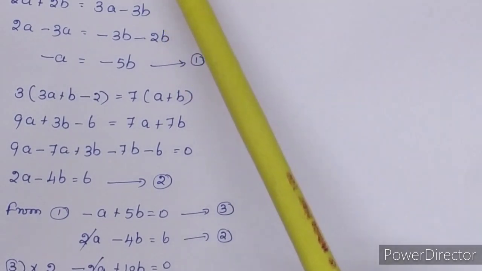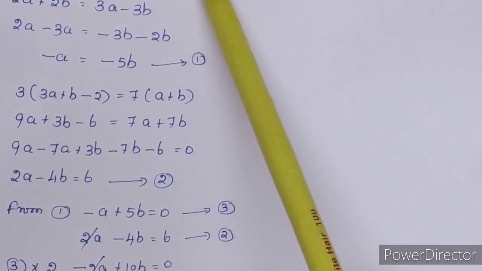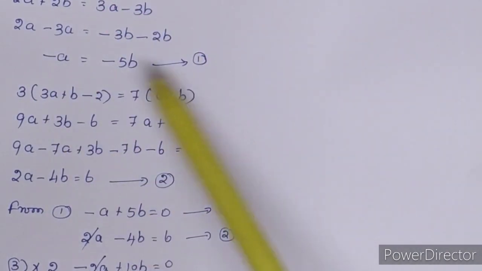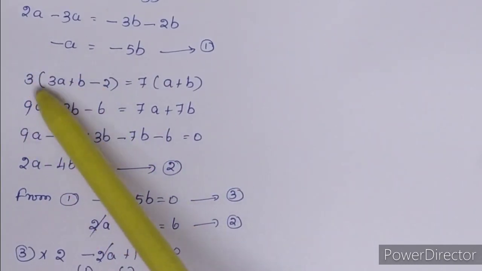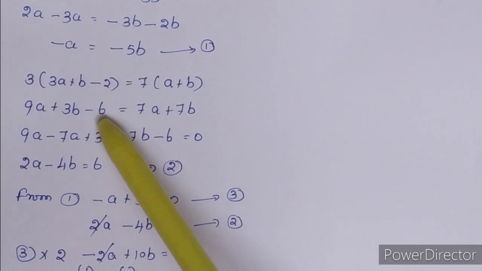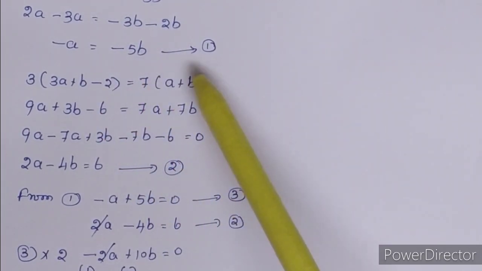Now again cross multiplying these two: 3 into (3a plus b minus 2) is equal to 7 into (a plus b). So solving it further, 3 3s are 9, so 9a plus 3 into b is 3b, 3 into minus 2 is minus 6, which is equal to 7 into a is 7a plus 7 into b is 7b.